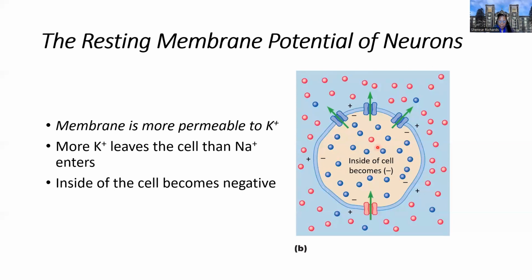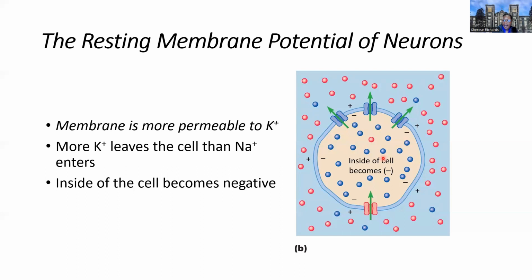So this is the difference that I mentioned earlier between our hypothetical cell and the real scenario when we bring both of our ions into the question. Also, when we consider the permeability, the fact that potassium has more doors, more channels to move through the membrane than sodium does, as these two ions begin to move according to their concentration gradient, we're going to see that potassium leaves more than sodium enters.